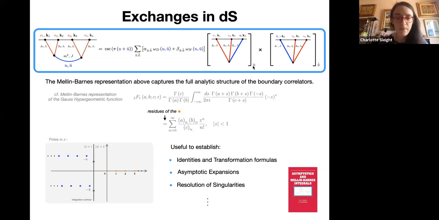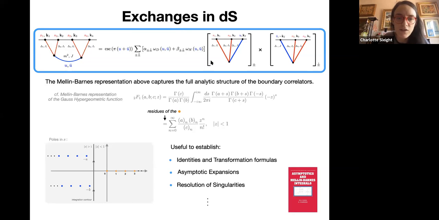This is a fact you have to cope with if you want to study these objects at all. But you can look for useful ways to represent your hypergeometric functions. And our perspective is that this Mellin representation provides the analytic continuation of the hypergeometric series to the entire complex plane, which is cut along the positive real axis.